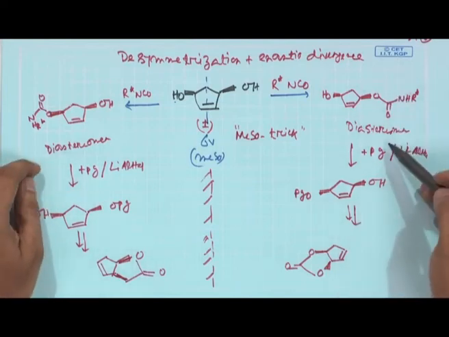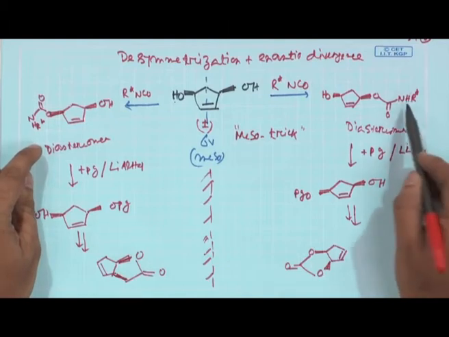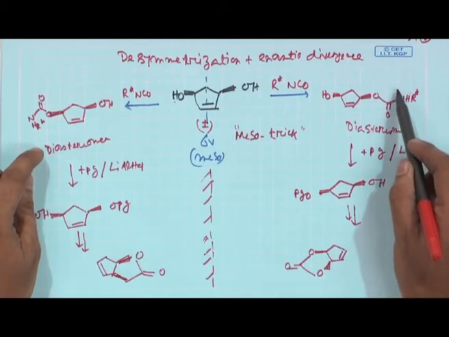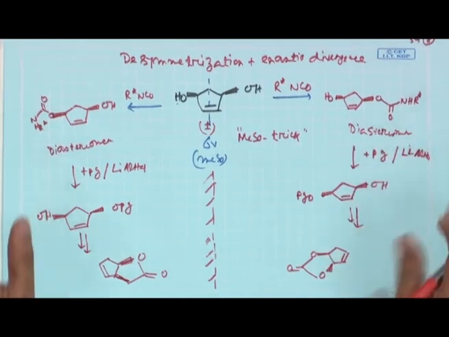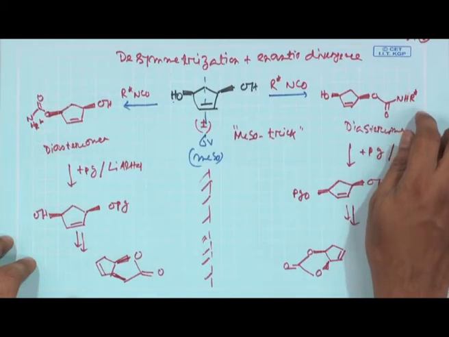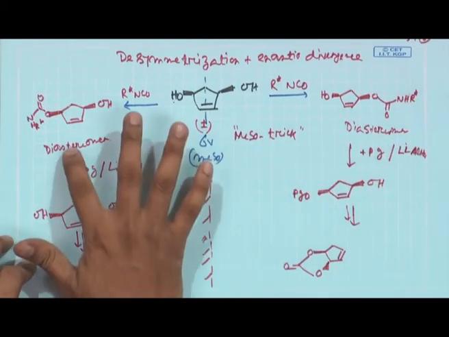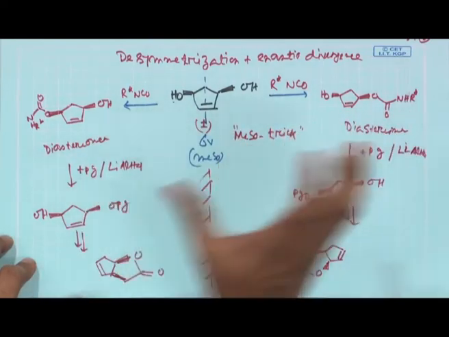Now these compounds are in reality not diastereomers, they are basically pseudo enantiomers, because if you cleave this NHR, they are basically separated. The only thing is you need to react with a chiral derivatizing agent so that the diastereomers can be easily separated by physical separation.